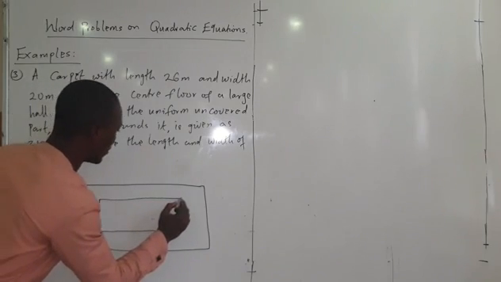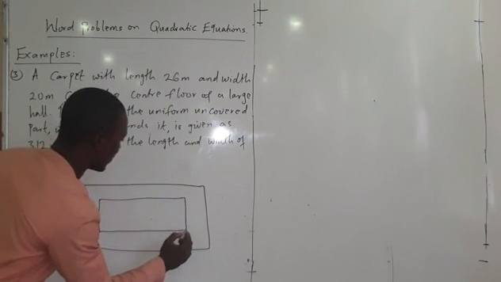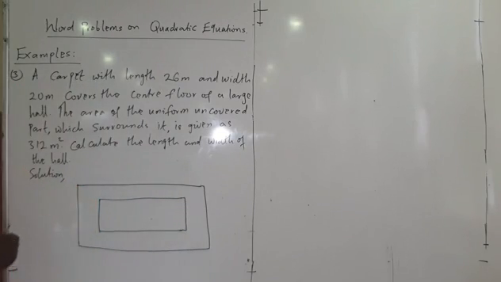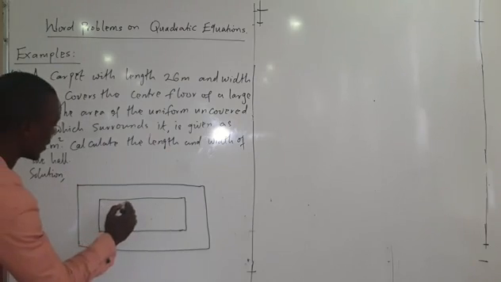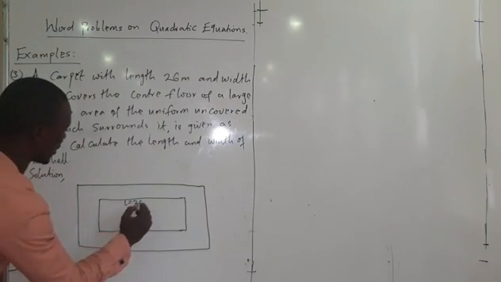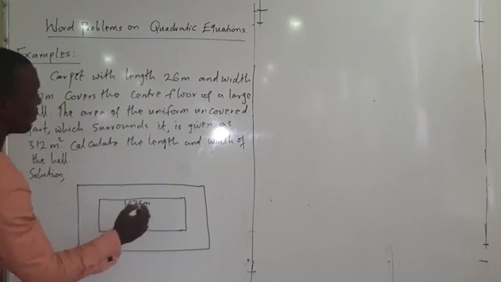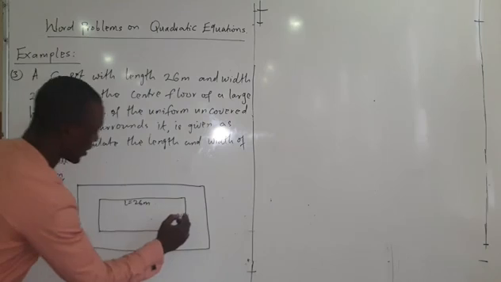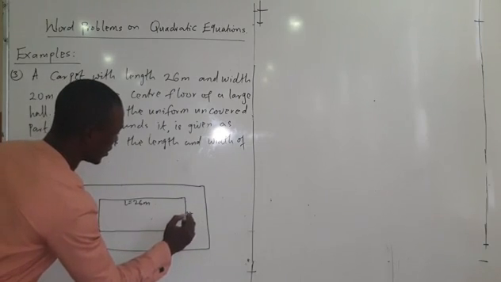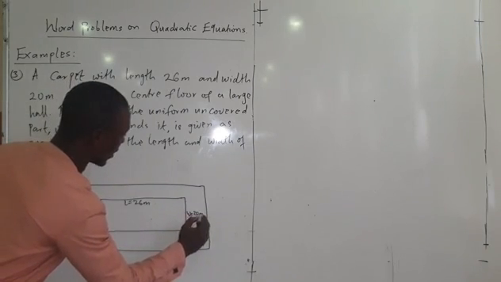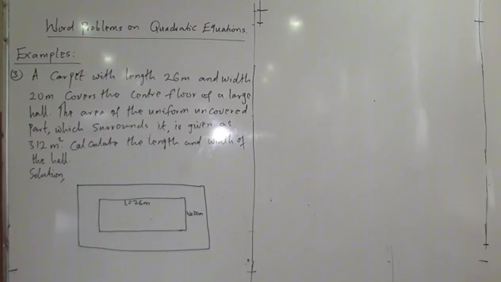Here is the center floor. So the center floor is of length 26 meters and width 20 meters.